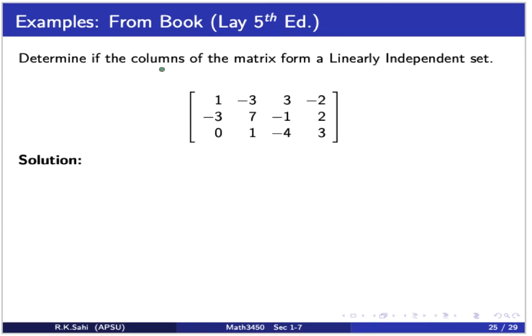We would like to know if the columns of the matrix form a linearly independent set. Now, notice each column is a vector, right? I'm trying to see what theorem will make my life simple because each column is a vector. I can think of them as a set of vectors. Think of it that way.